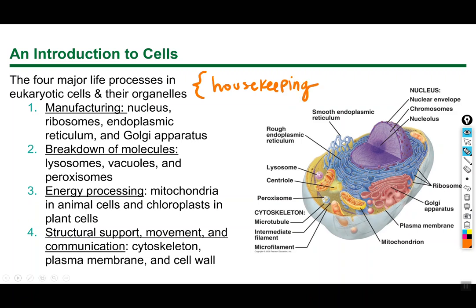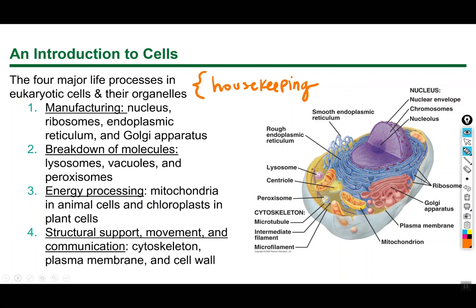So these are the things that the cell does, both to support its own life, and there's also elements of whatever the cell's job is in here too. But at the very most basic level, cells have to do certain things to keep running and stay alive. So you can break those tasks down into the following.